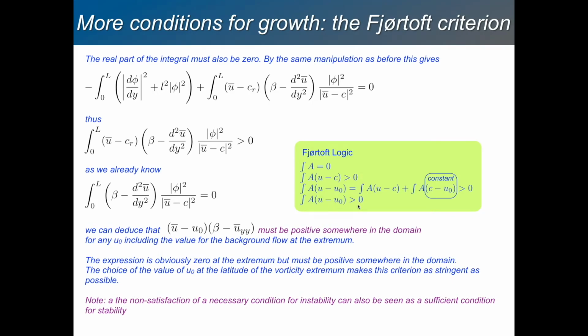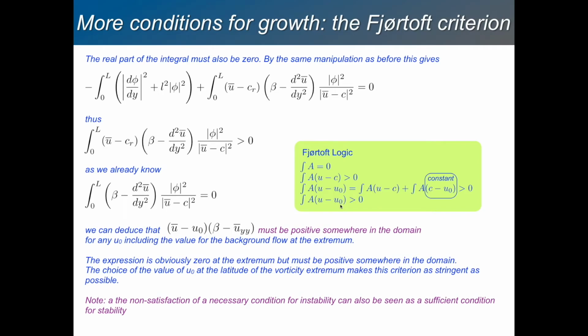So we've replaced the c with an arbitrary value u naught, which we have not defined. So that must mean that this must be true for any value of u naught. We can pick any value, it must be true, okay? So it makes it a bit more of a powerful criterion.